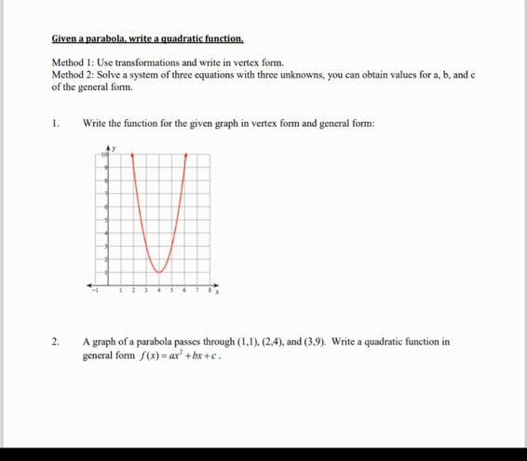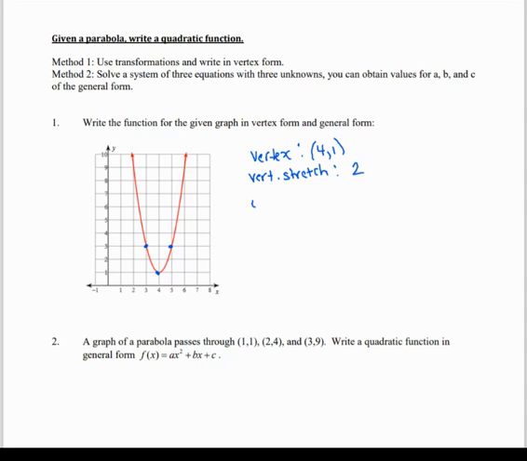Let's note here what we have going on. Our vertex itself is (4, 1). And notice we have a stretch, right? Because my next points from my vertex are going up 2 over 1. So we have a vertical stretch of 2. It's opening up, so it's positive.